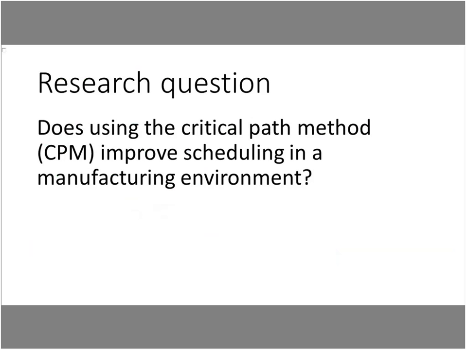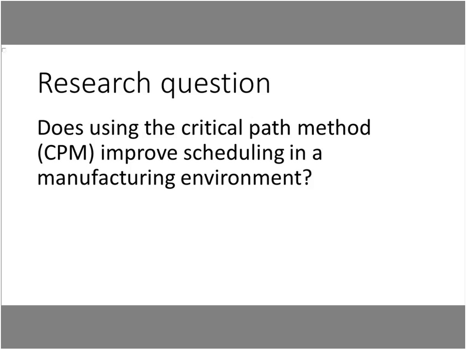The research question that we're going to look at today is, does using the critical path method, called CPM, improve scheduling in a manufacturing environment? Probably that's not really how you would form your research question. More often than not, because you get to choose your topic, you might want to, within the context of the course, think about something that is of import to you or something that you're interested in learning more about.